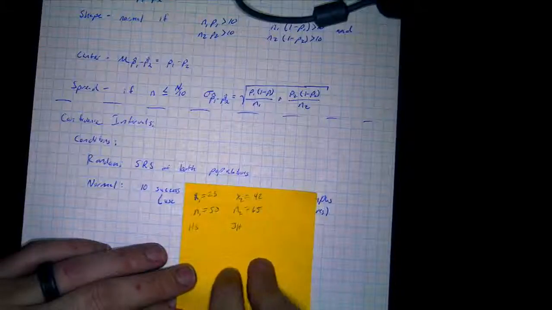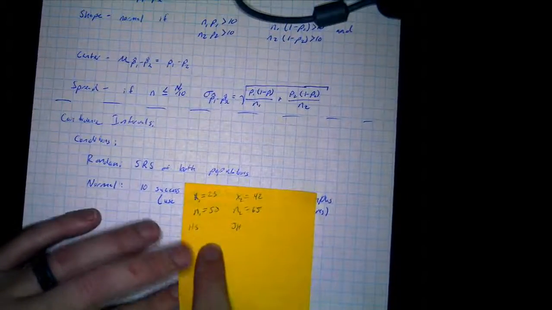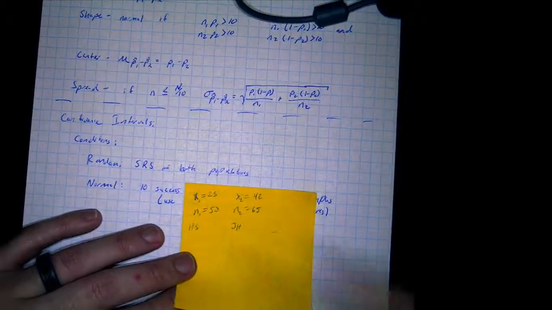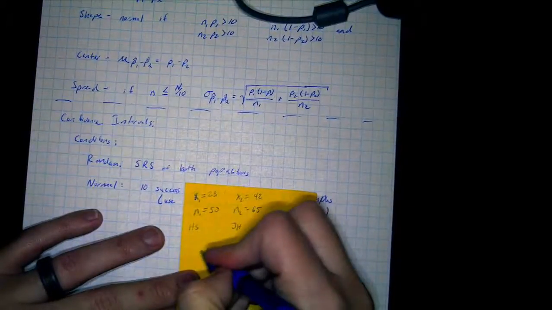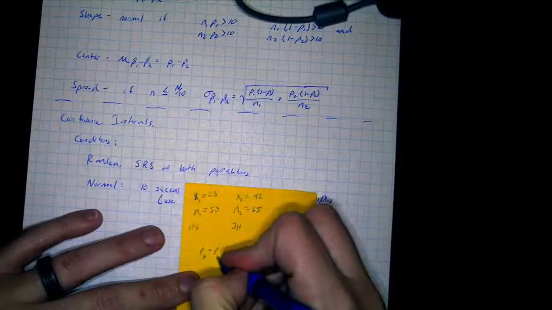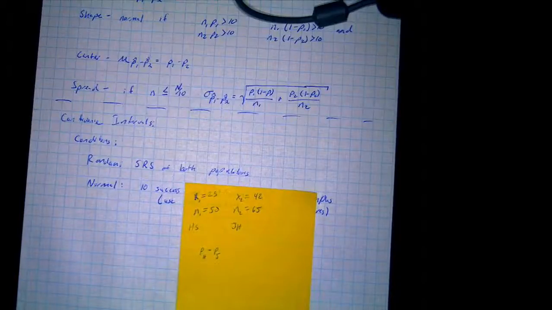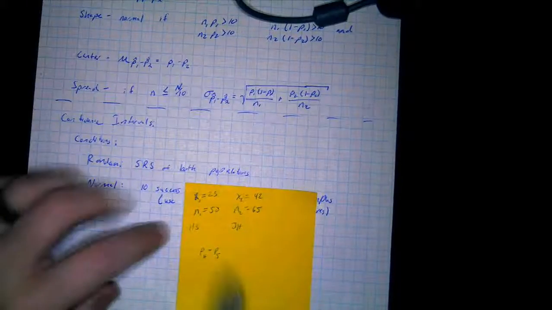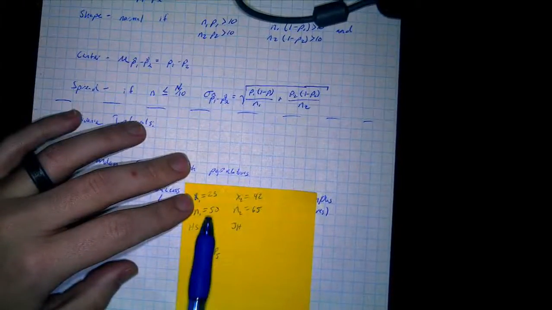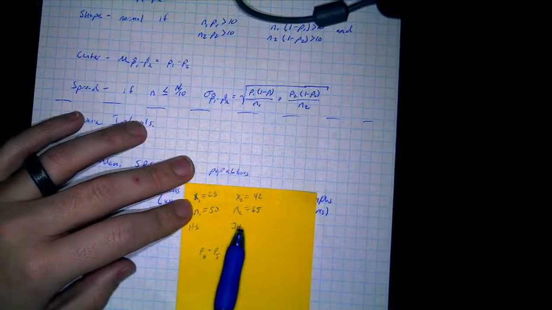Y'all agree with that? Okay, so what I'm wanting to find is the actual difference of proportion of high school minus proportion of junior high. So there is a true difference, but I do not know what that is. Because I could have gotten high or low on the high school, and high or low on the junior high.